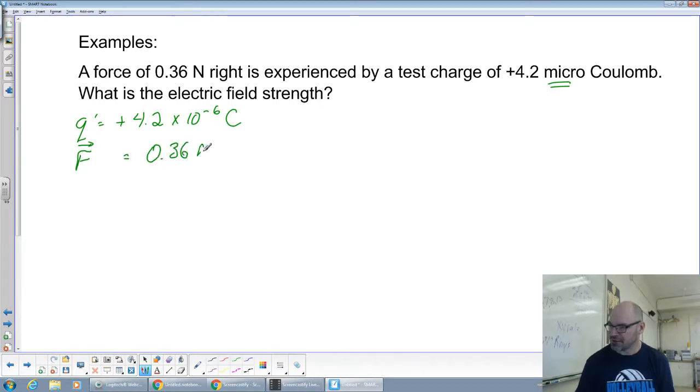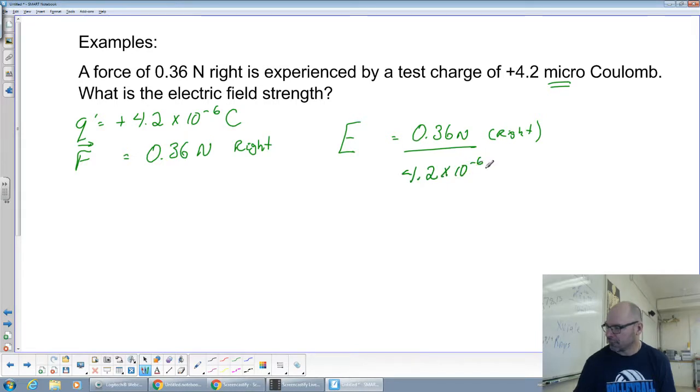So the electric field strength is simply our force of 0.36 newtons right, divided by 4.2 times 10 to the negative 6 coulombs.